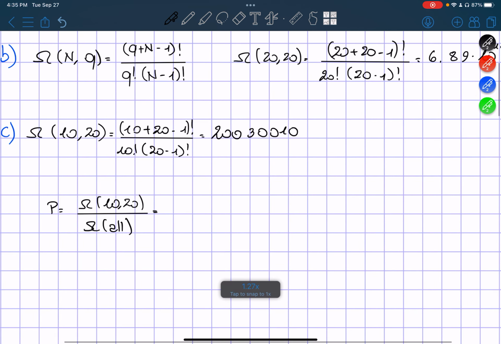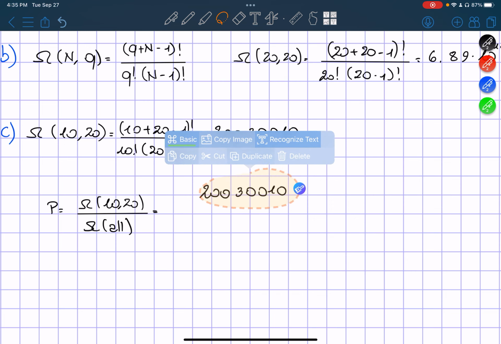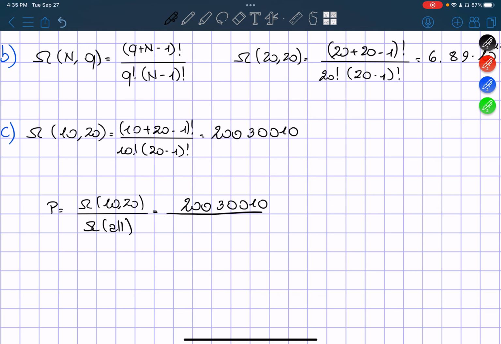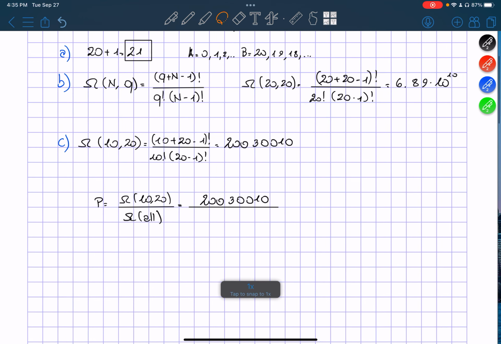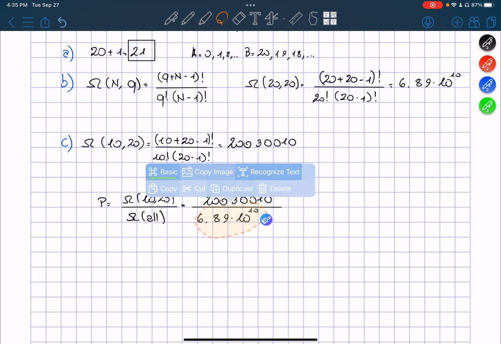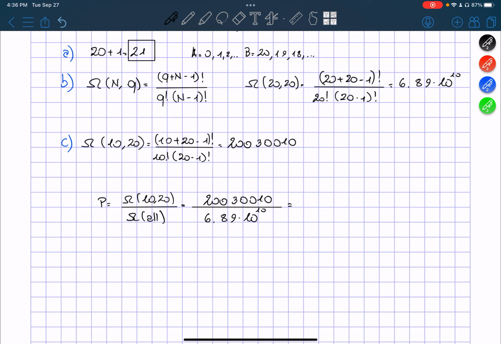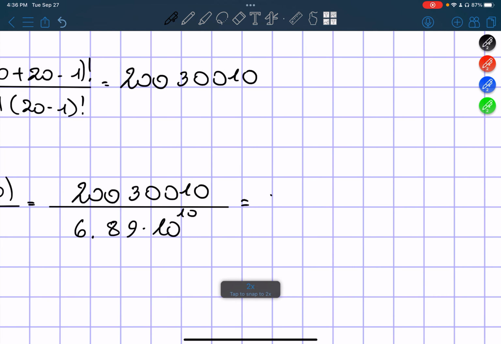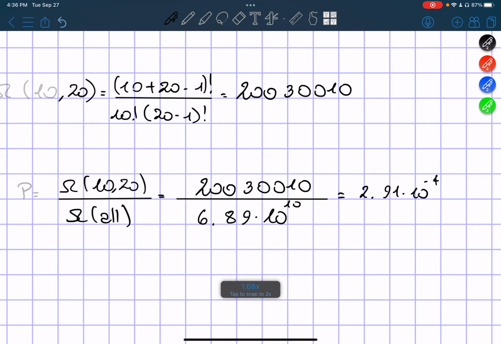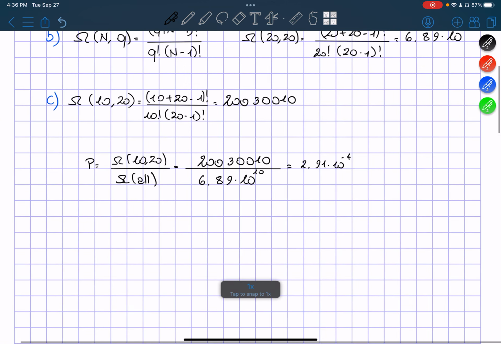This number is already pretty big, but the total is something even bigger, which is equal to 6.89 times 10 to the power of 10. The result is 2.91 times 10 to the power of negative 4. This is the probability of finding it.